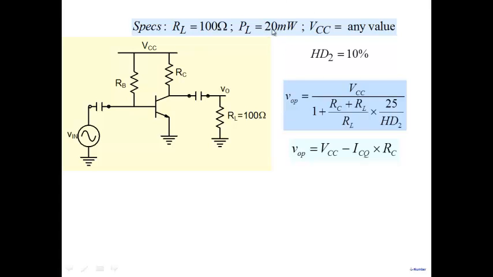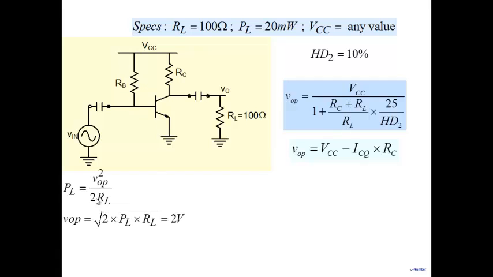Well, obviously I have to deliver 20 milliwatts of power to RL equal to 100 ohms. Now when I try to choose a value of VCC, I should do it with the objective of maximizing efficiency, right? I should choose a value of VCC such that while delivering this much power at this much distortion, I should maximize my efficiency. I should not draw too much power from my supply here. Okay.